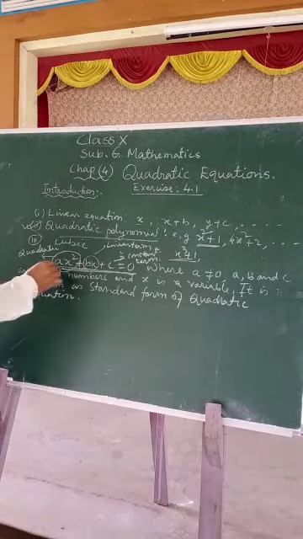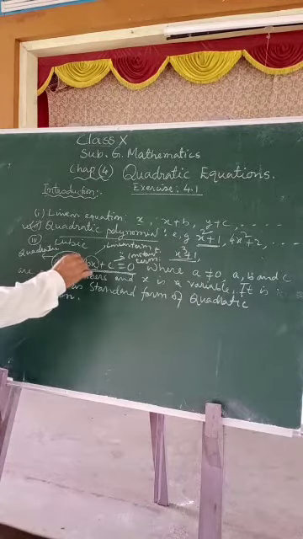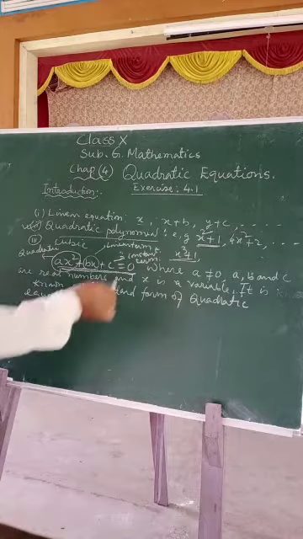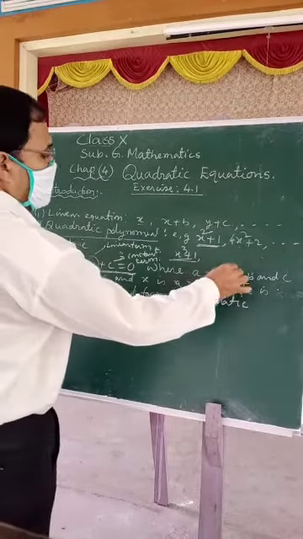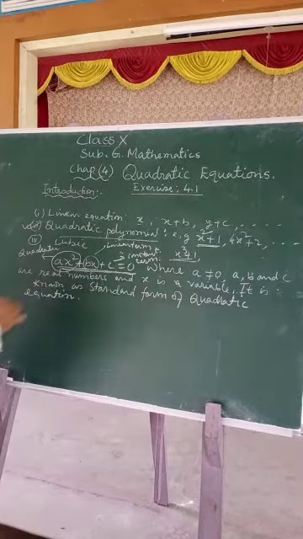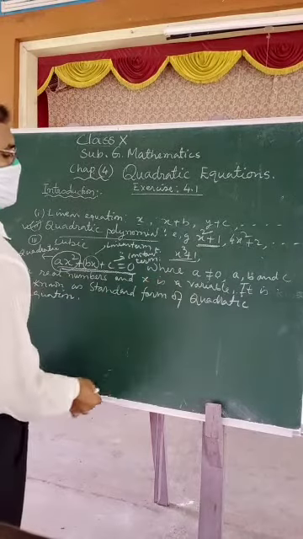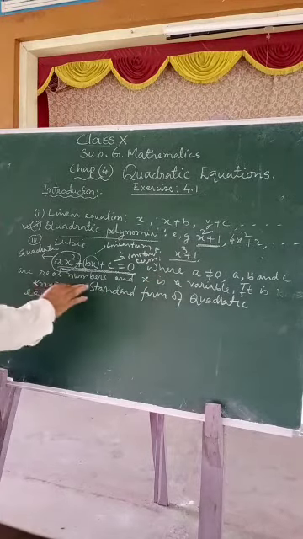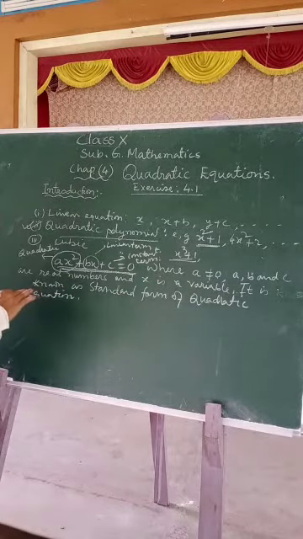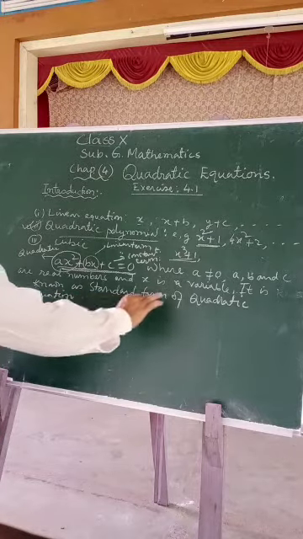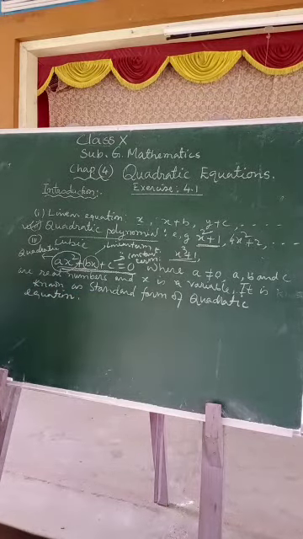Now ax square plus bx plus c equal to 0, where a is not equal to 0, a, b and c are real numbers and x is a variable, is called the standard form of a quadratic equation.